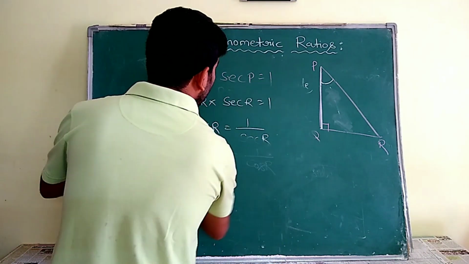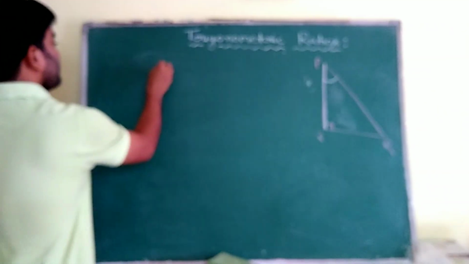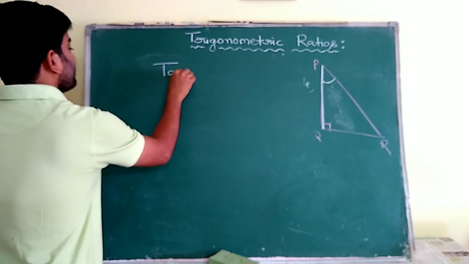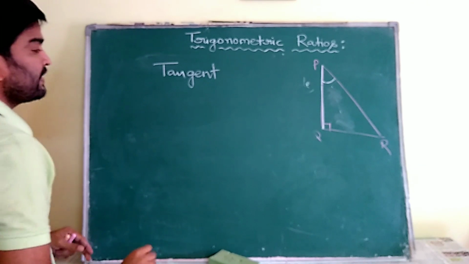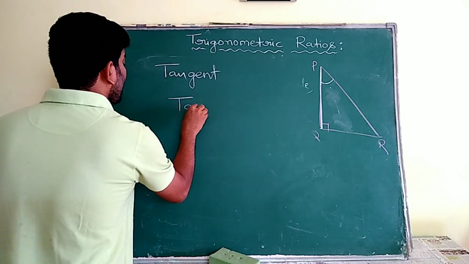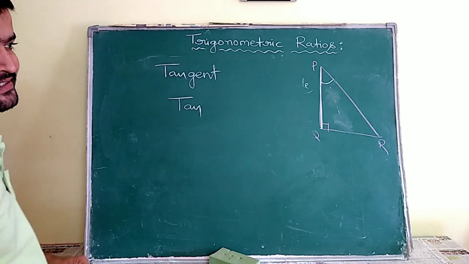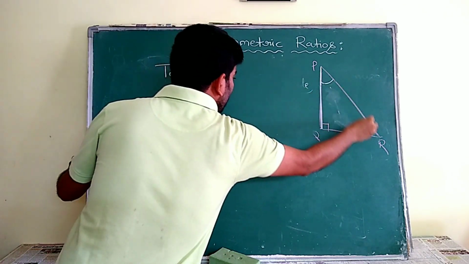Now we are going to discuss the third family. In the third family, the first trigonometric ratio is tangent. For our convenience, tangent is short notated as tan. What is tan? For example, I am considering r.